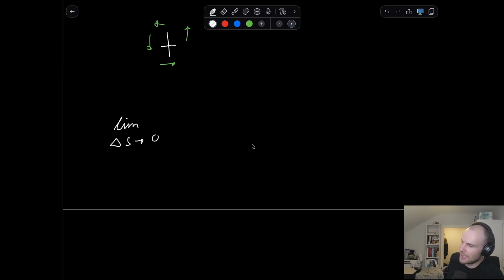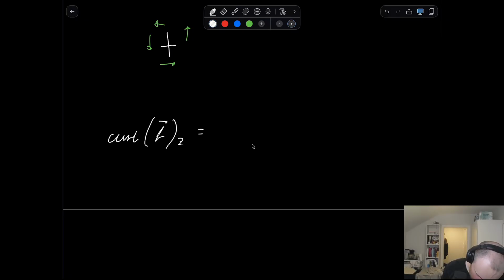Maybe I stick with the surface. I think that's more correct, and let that be pretty small. I should actually write that the curl, the tendency for the vector field to curl in the z direction, just to be neat, is equal to the limit as the change in s goes to 0.